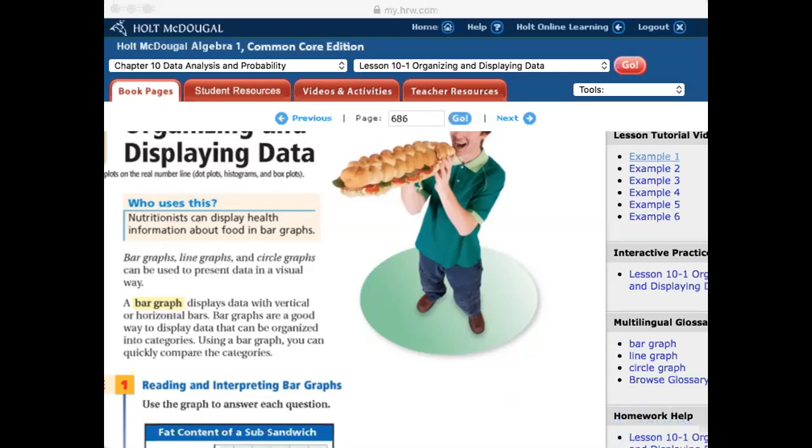Something wrong with the text. Okay, so 1A, the answer is bread. 1B, the answer is cheese and mayonnaise.